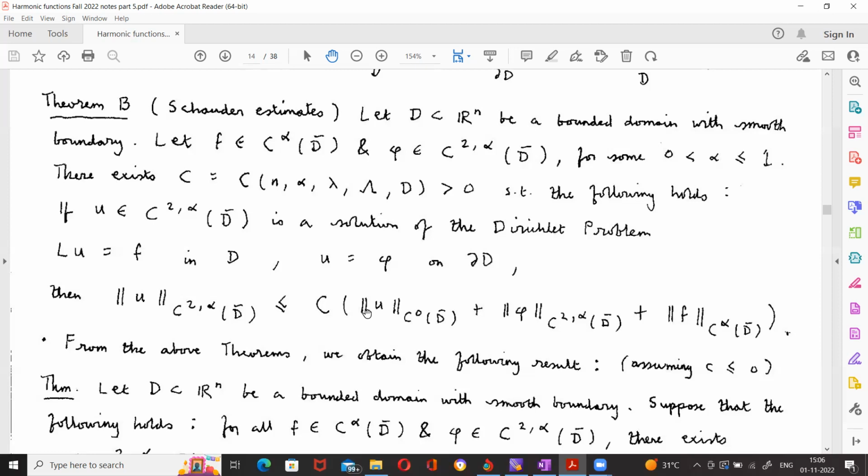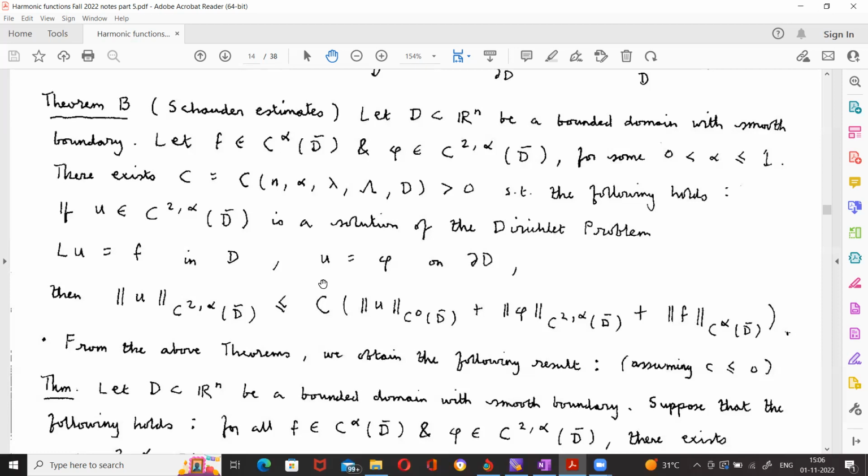On the right-hand side, we only have the 0th order derivative, that means just the function itself, and the only place where the second order derivatives of u come in is in this term f, where f is Lu.